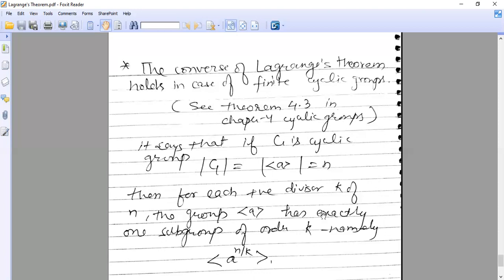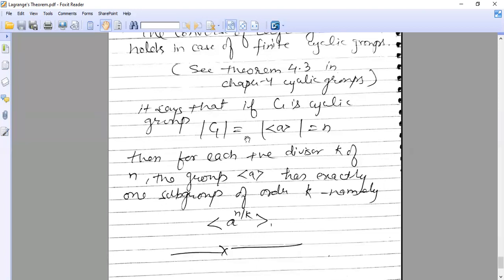Then the theorem says that for each positive divisor k of n, the group generated by a, that is your group G, has exactly one subgroup of order k. You have a finite cyclic group of order n. You take any divisor of that n, then you will have a unique subgroup of that order. And that unique subgroup will be generated by the element a to the power n upon k. So this is called the fundamental theorem of cyclic groups.